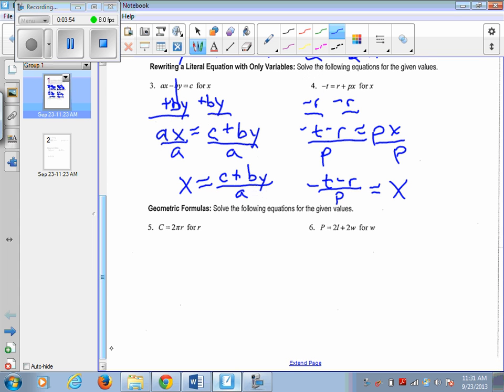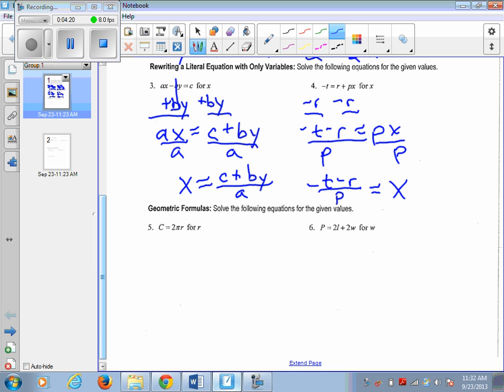All right, 5 and 6, these are formulas that we're used to. C equals 2 pi r. That is, hopefully you know, the equation to find the circumference of a circle. So if we wanted to rewrite that formula to find out what r is, then right now we have c equals 2 times pi times r.